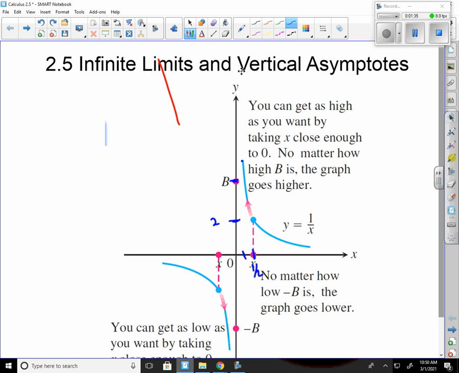So the closer I get to 0, the higher my graph is going to go as my x gets smaller. That would give us a limit that goes to infinity.